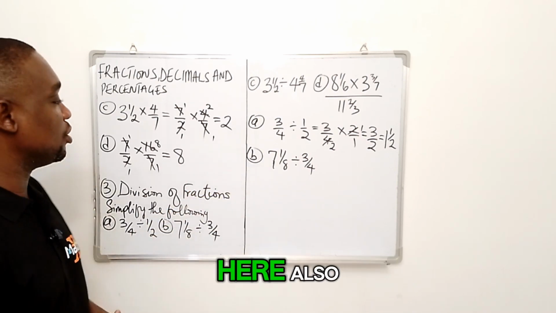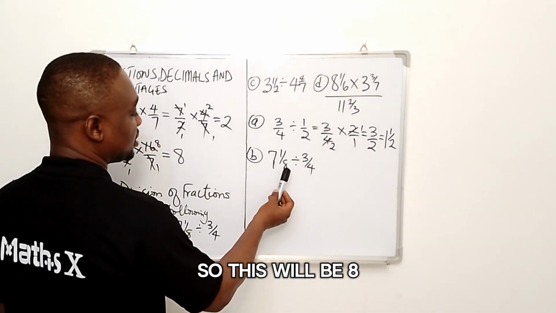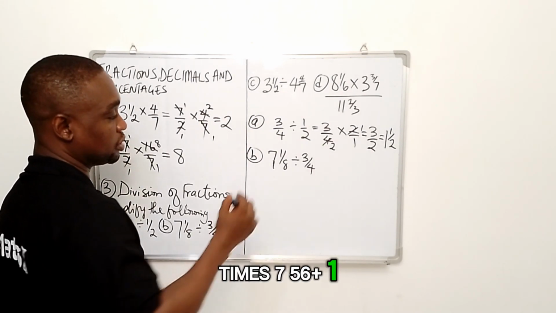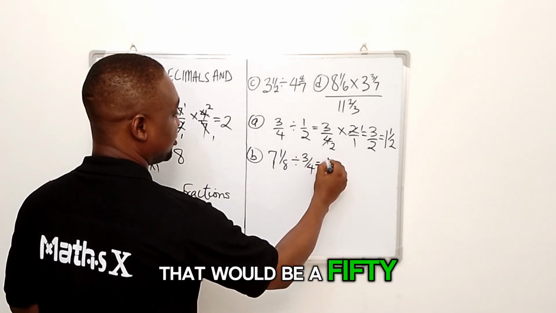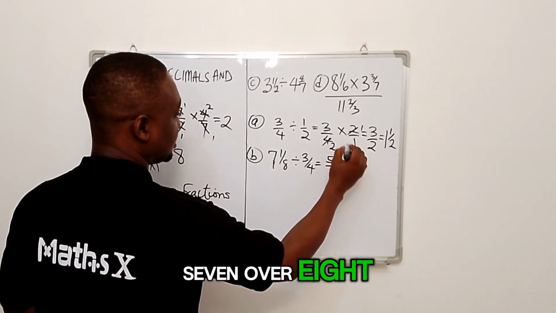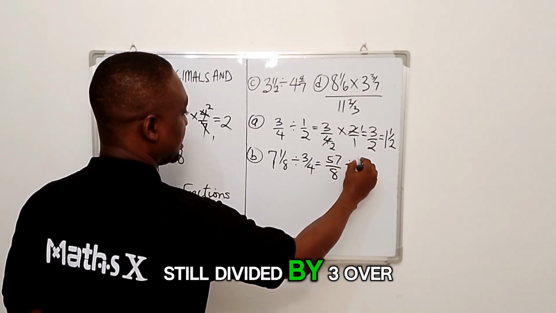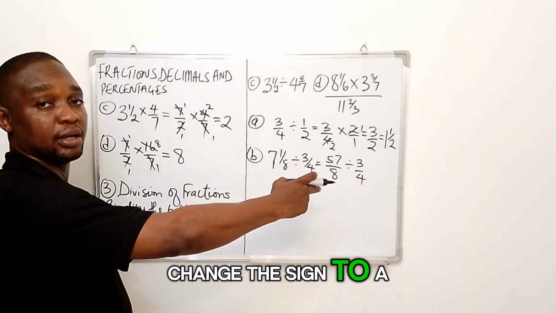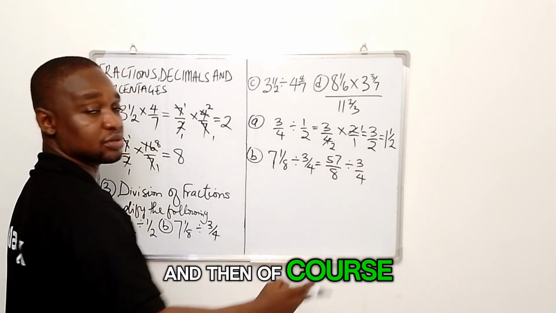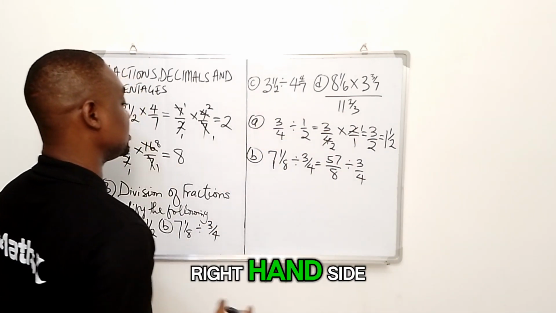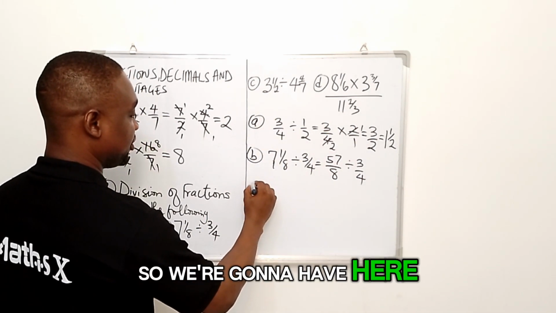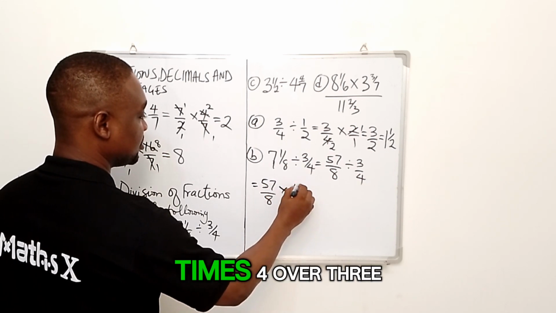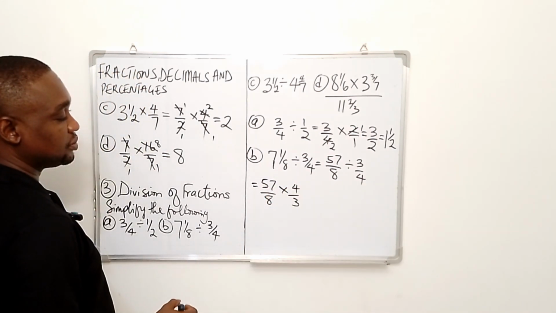It's not going to happen here also. So this will be 8 times 7, 56 plus 1. That will be 57 over 8, still divided by 3 over 4. Change the sign to a multiplication sign, and then, of course, invert the fraction on your right-hand side. So we're going to have here 57 over 8 times 4 over 3.